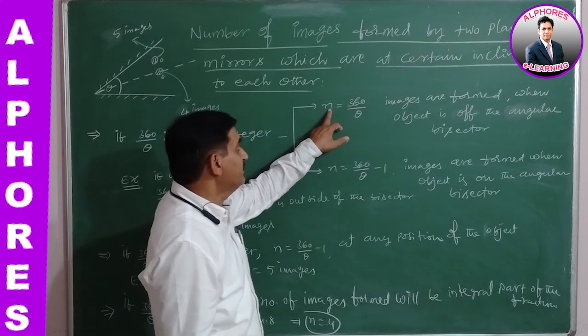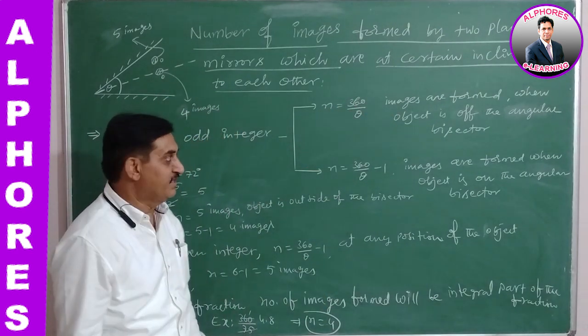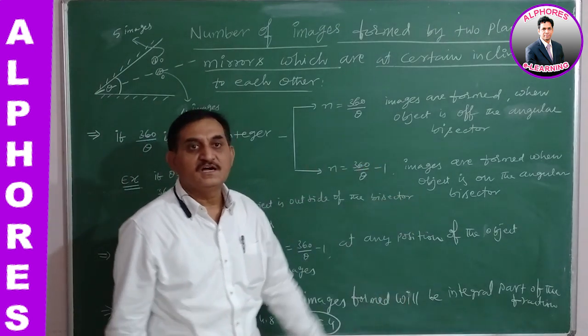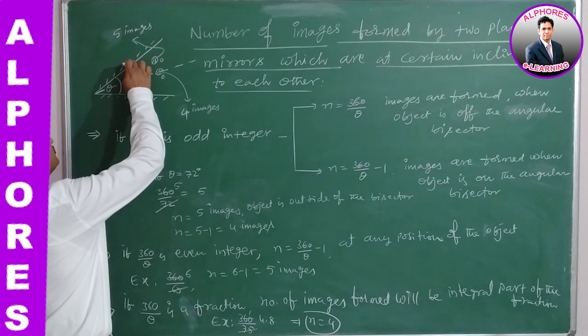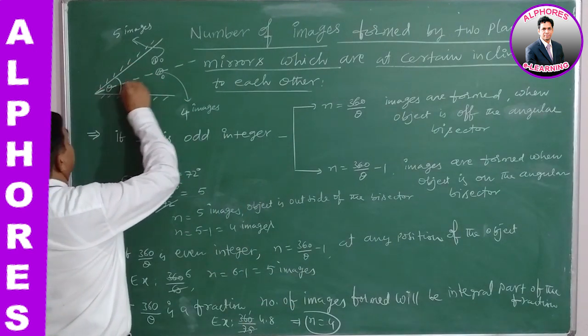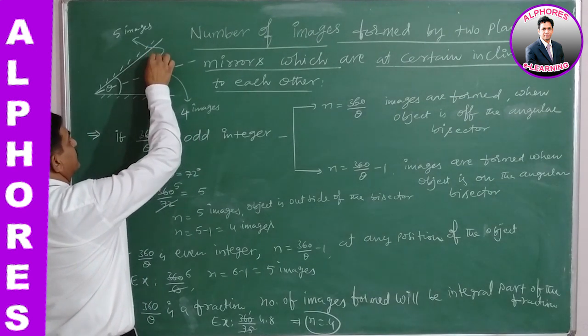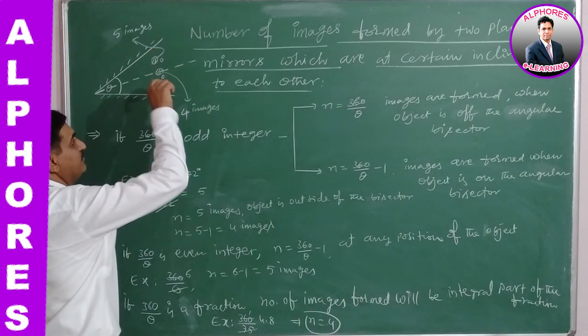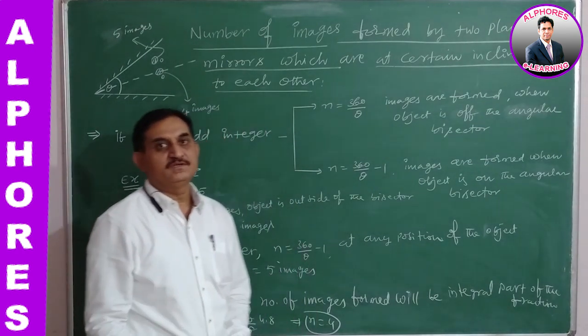Here, the number of images formed is 360 by theta whenever the object is off the angular bisector. Means, for these two plane mirrors, this is the angular bisector. If the object is kept outside of the bisector, the number of images formed will be n equal to 360 by theta.